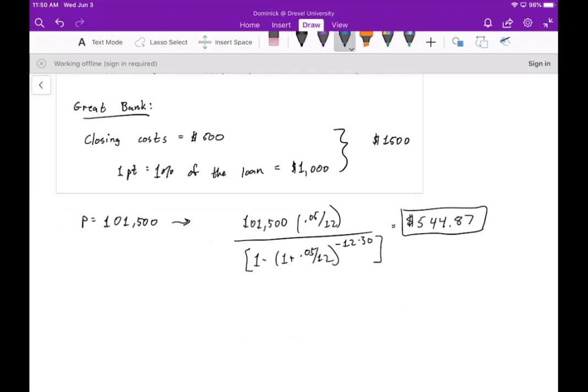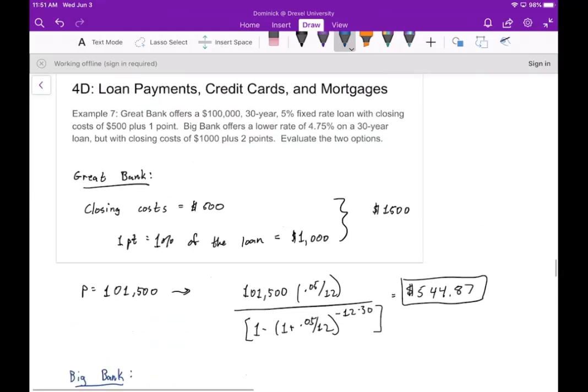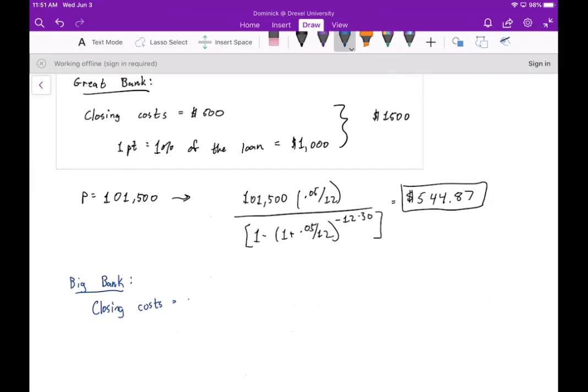Now for Big Bank, we have closing costs of $1,000 plus 2 points. So of course, 2 points here would be $2,000. So this will bring our loan amount up to now $103,000.